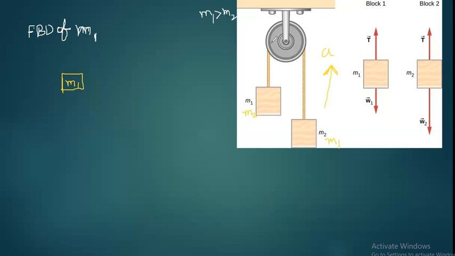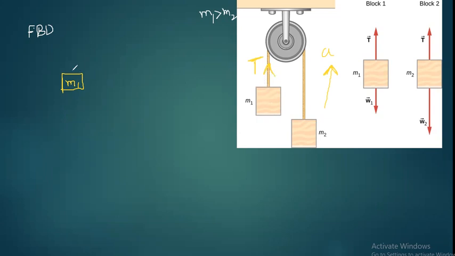So if there is a thread, you can definitely get a tension. Now you observe the tension here, how it is acting: upwards. Tension is always away from the point of contact.